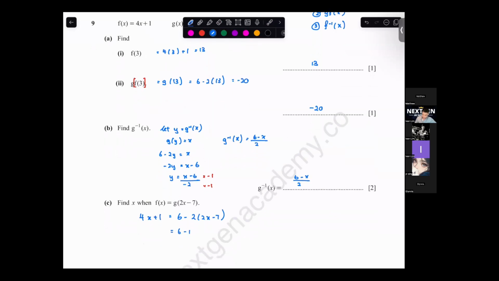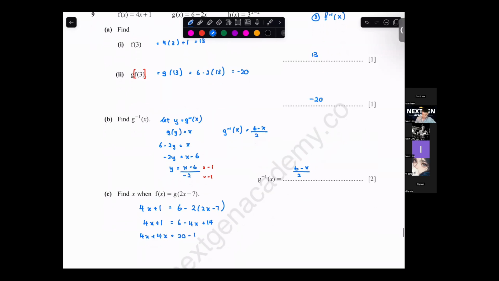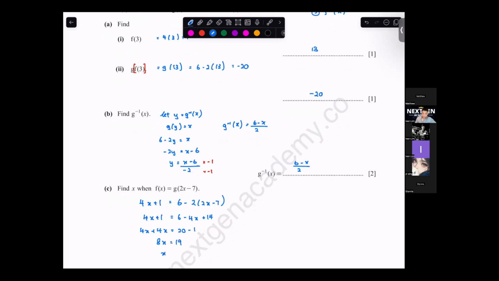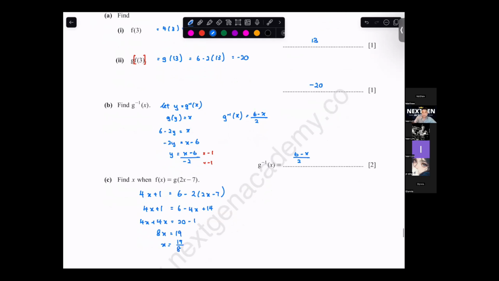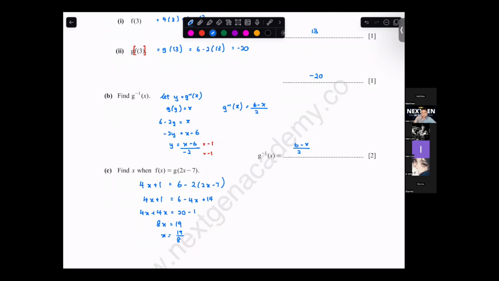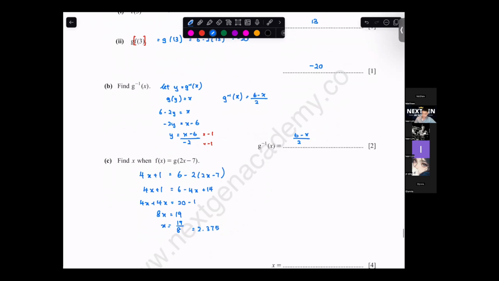So we get 4x plus 1 equals 6 minus 4x plus 14. Okay, rearrange the entire thing. I will shift all the x to the left-hand side. So 4x plus 4x equals 6 plus 14 minus 1, which is 19. So 8x equals 19. x equals 19 over 8, or 2.375. Either one of these answers is fine.